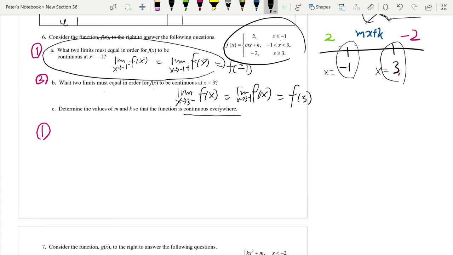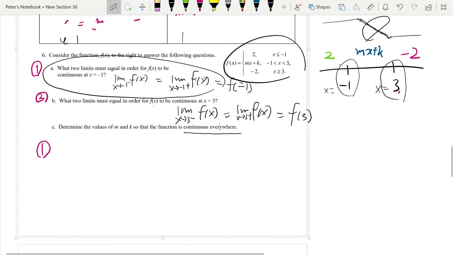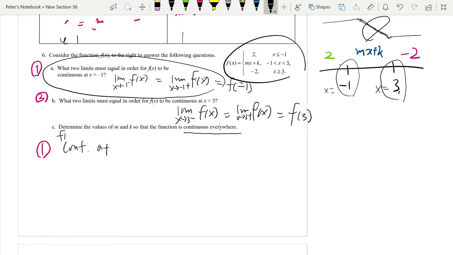So to be specific, the first case is: f of x is continuous at x equals to -1. If I want to do the full work here, first of all, is f of -1 defined? It is defined, f of -1 is equal to 2.